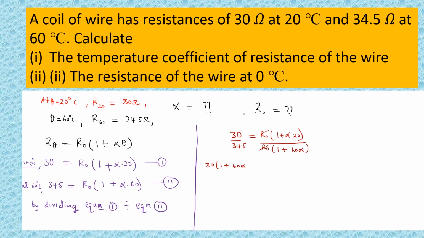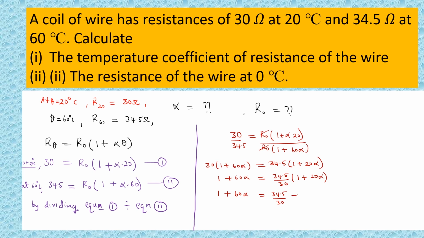Let's expand. This becomes 1 plus 60 alpha being equal to 34.5 divided by 30 into 1 plus 20 alpha. This becomes 1 plus 60 alpha being equal to 34.5 divided by 30 plus 34.5 times 20 divided by 30 alpha.